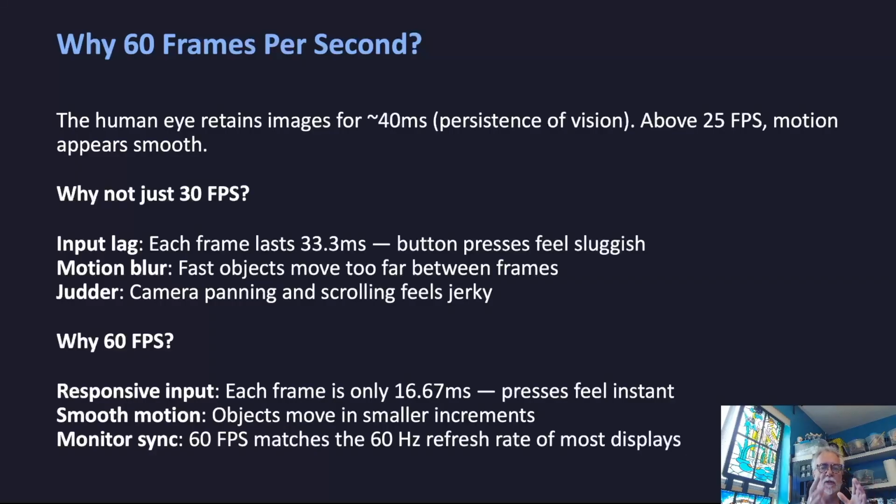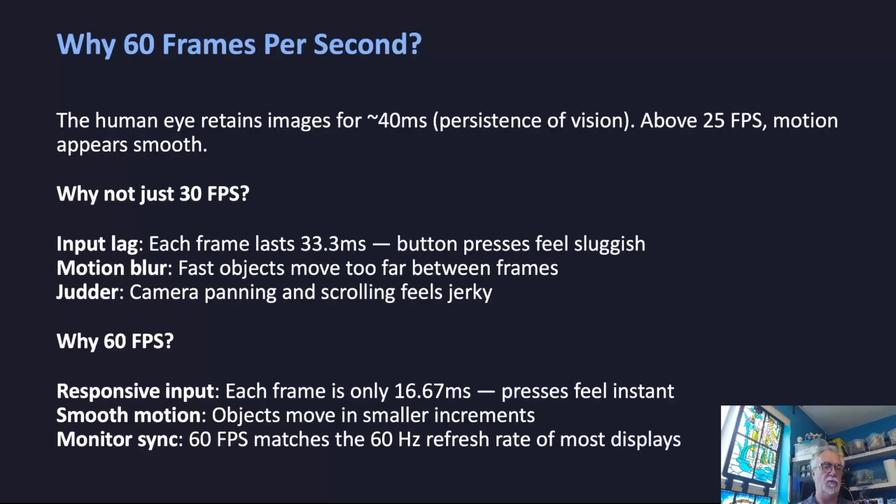We retain images, and our visual system puts that together into perceived movement. If I show you a photograph and then a second later I show you another photograph, you see two distinct images, and your brain doesn't collect those things together into motion. If I show you 25 photographs in 1 second, then our visual system starts to see this as smooth motion.